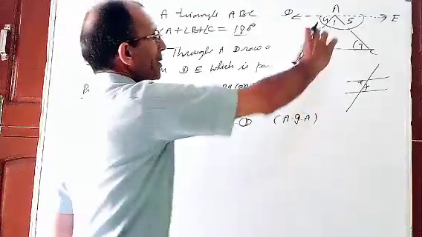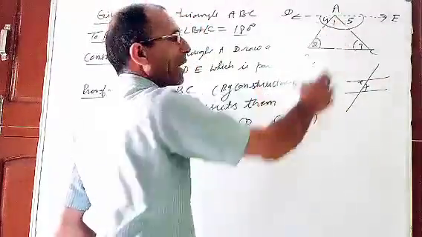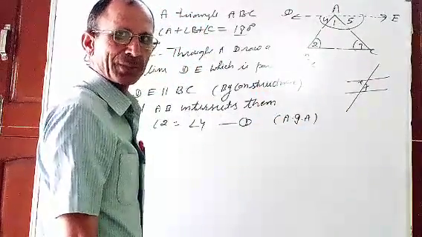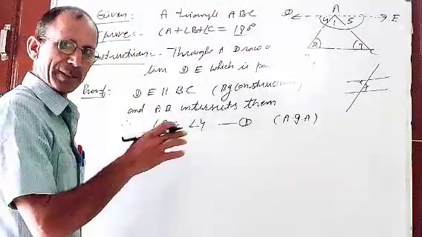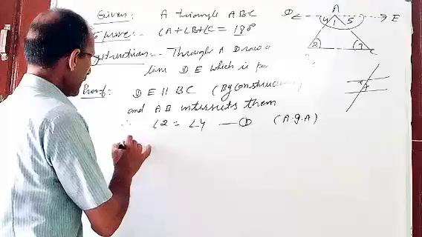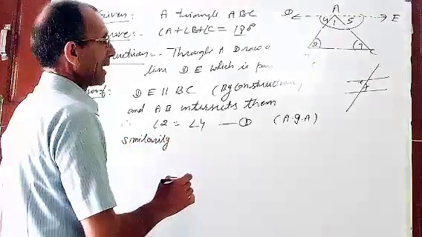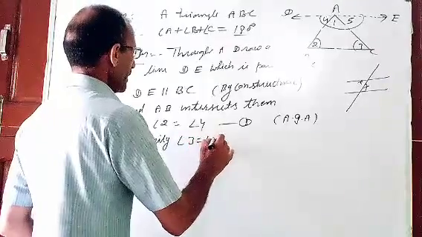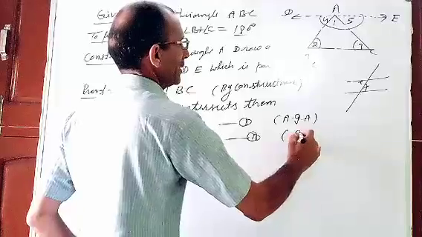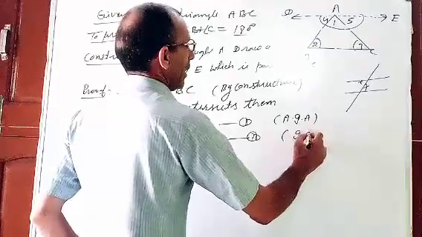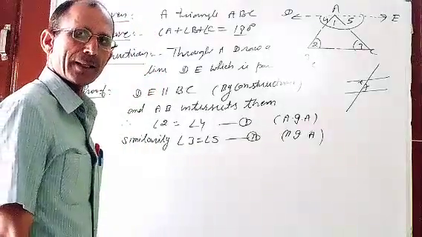Similarly, because DE is parallel to BC, now AC is intersecting them. So angle 5 will be equal to angle 3. Similarly you can write, angle 3 is equal to angle 5, with the same reason, alternate interior angles.